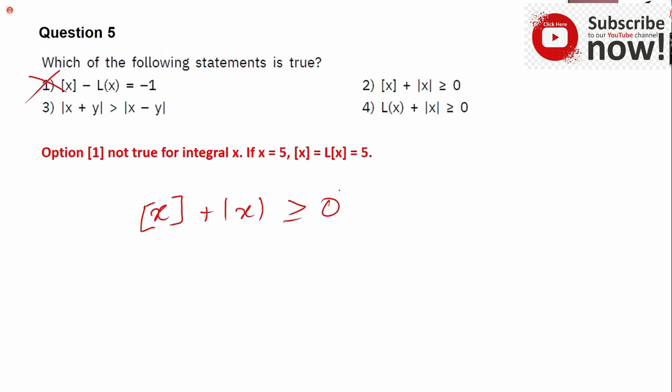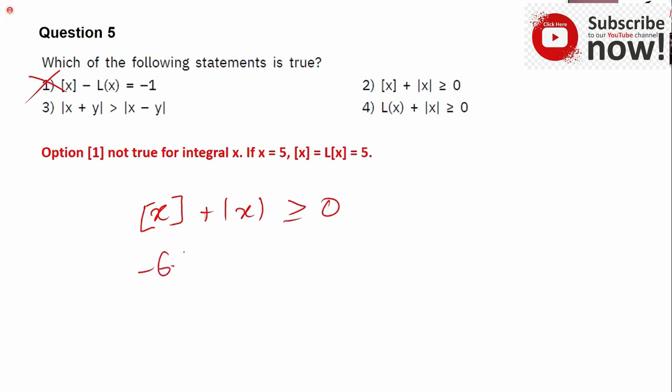So then let me try for negative numbers. Okay, so there are three parts: positive, integer, or negative. So let me try for the negative part then. Let's say I put a value, say minus 6.5.